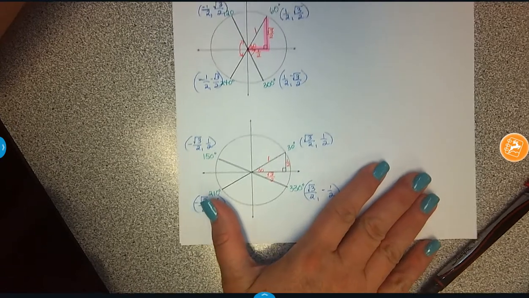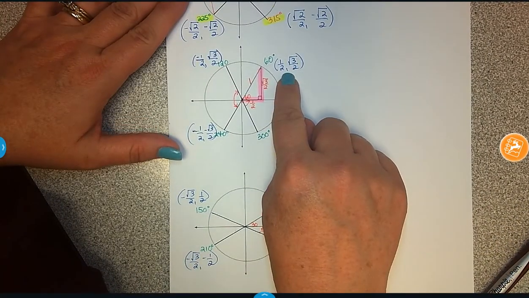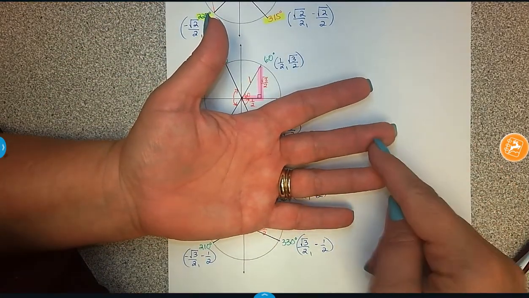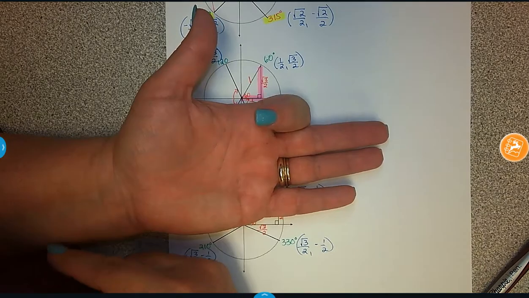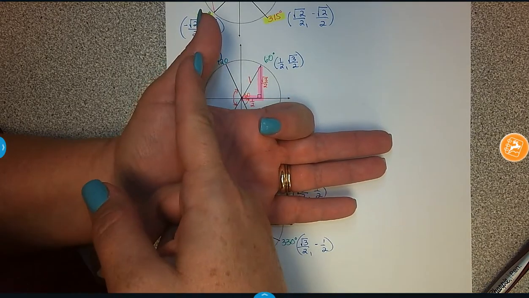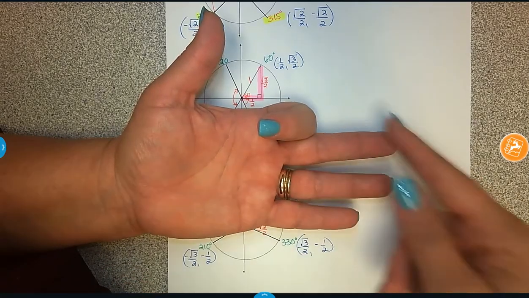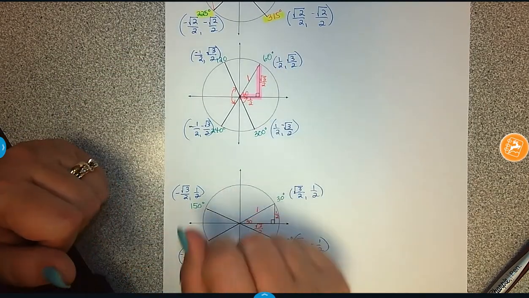Let's go back up and look at 60 degrees. Okay, we know what it is based on our right triangles, but here on our hand, this is 0, 30, 45, 60. That's my comma. So my ordered pair is the square root of 1, which is 1/2, comma, the square root of 3/2. There's my ordered pair for 60.